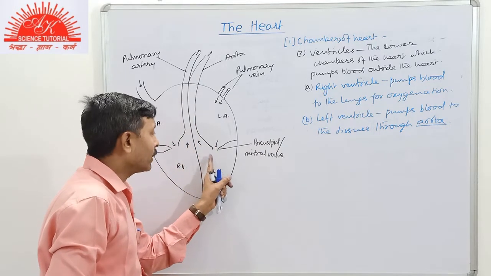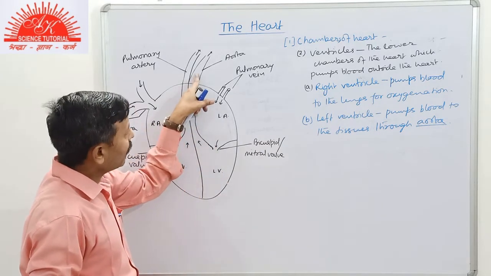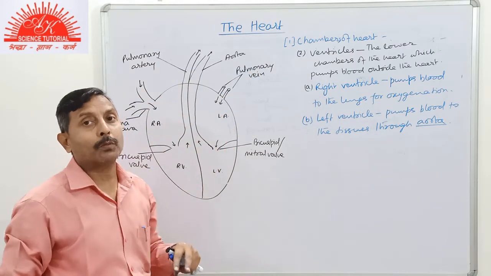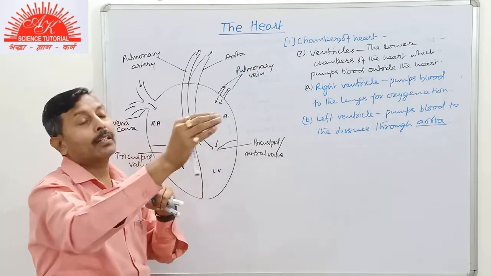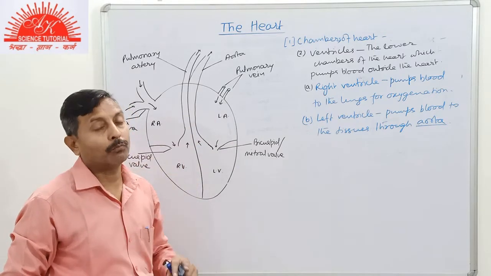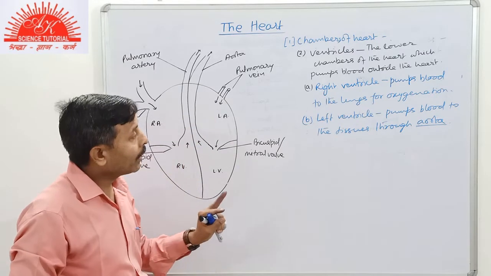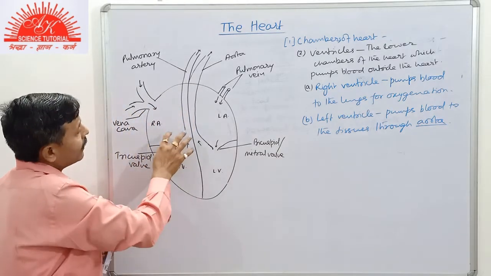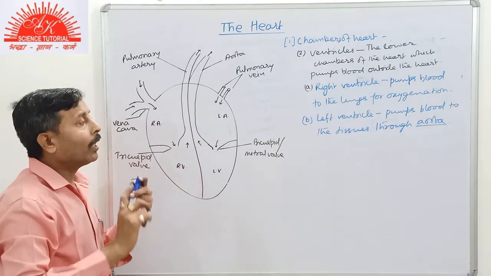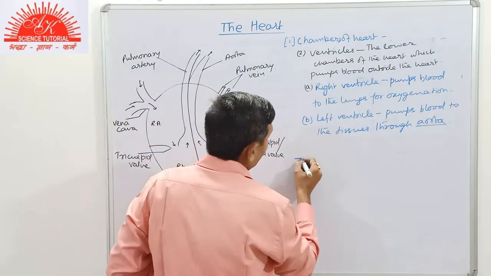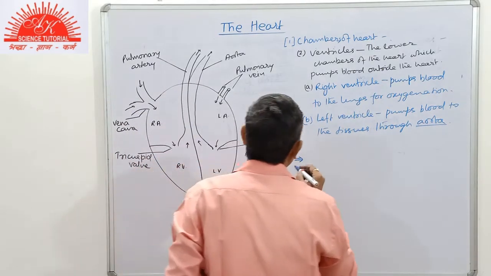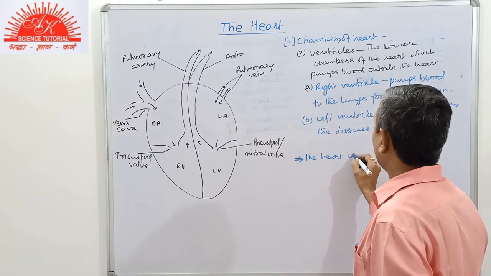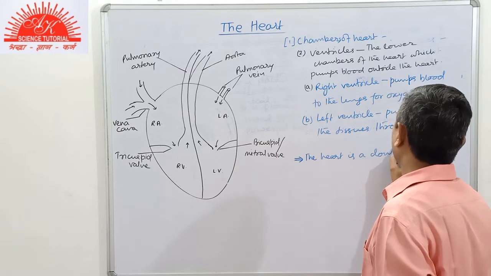So the oxygenated blood is pumped outside the heart, and from here the branching takes place and oxygenated blood is sent to the different parts of the body. Clear, student? So these were the chambers. Now we see, student, that in one circulation the blood is pumped twice. So we can say that the heart is a double pump.